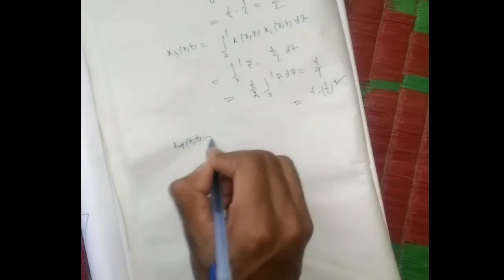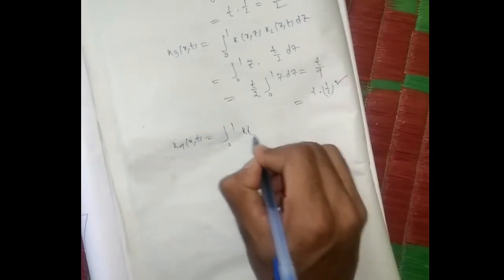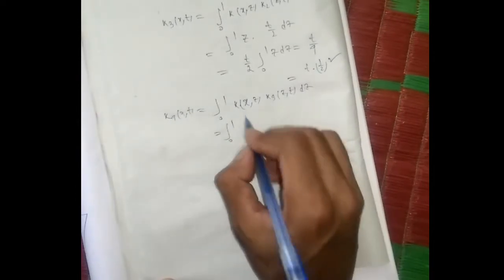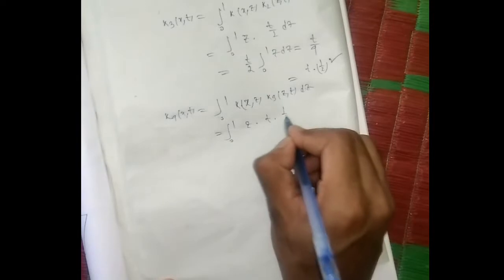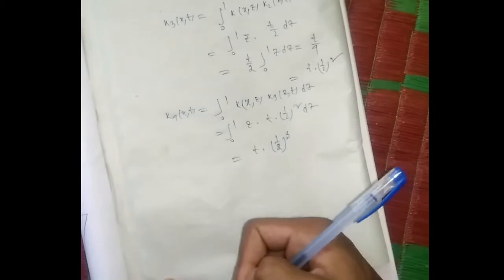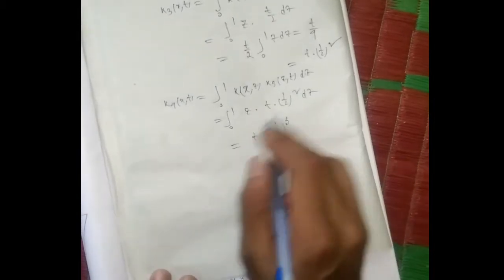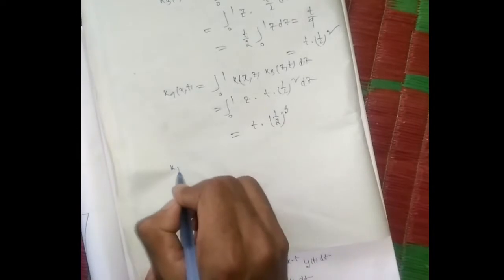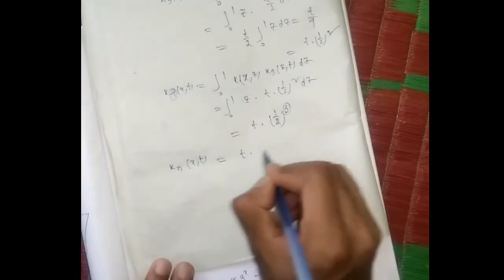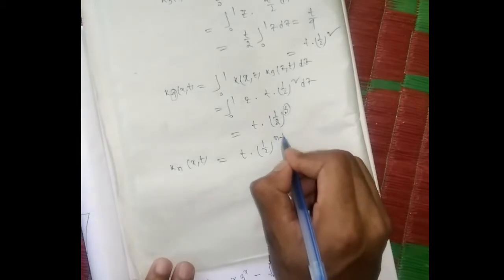Now k4(x,t) is the integration over 0 to 1 of k(x,z) k3(z,t) dz. So this is 0 to 1, this is z, and this is t into half square dz. So this can be written as t into half cube. Similarly you can write kn(x,t): when n is 4 the power is 3, so this is t into half to the power n minus 1. This is our iterated kernel.